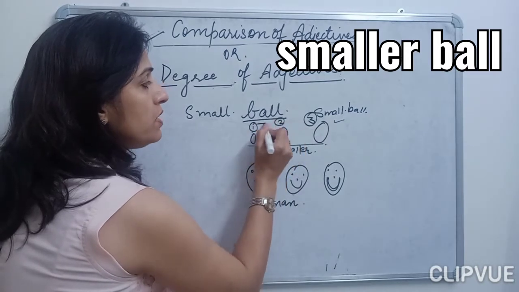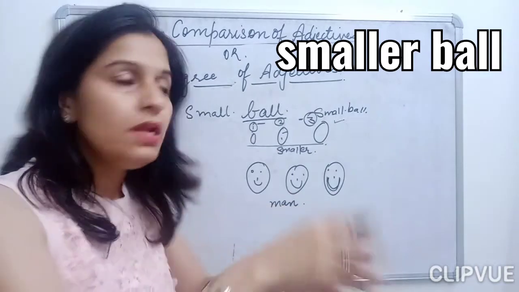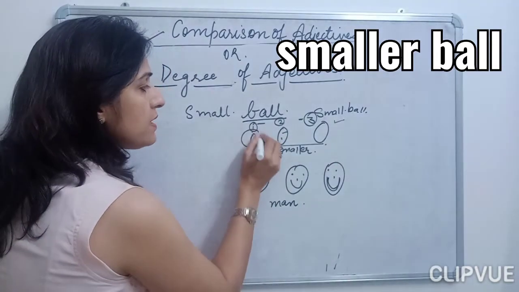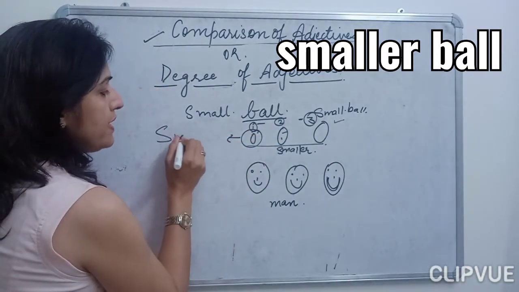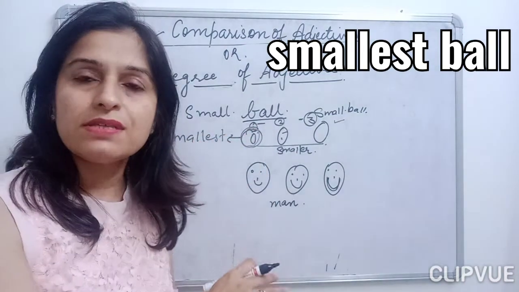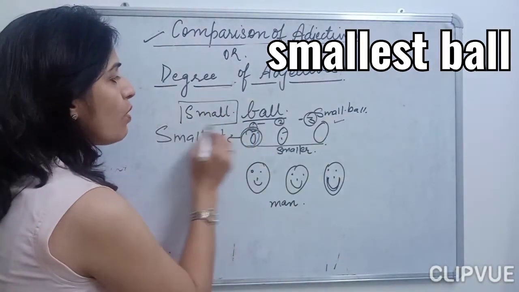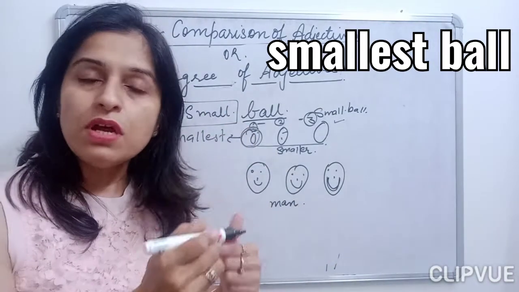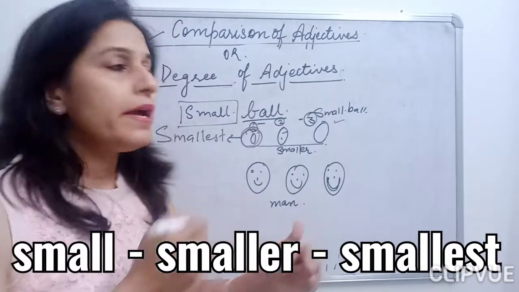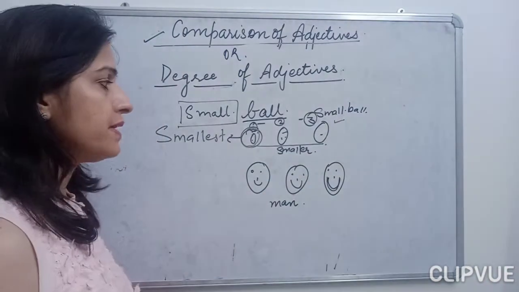As compared to these 2 balls, this is the smaller ball, meaning in between the 2. This is my smallest ball, as you can see from the size also. So the word small here is used to compare my noun.